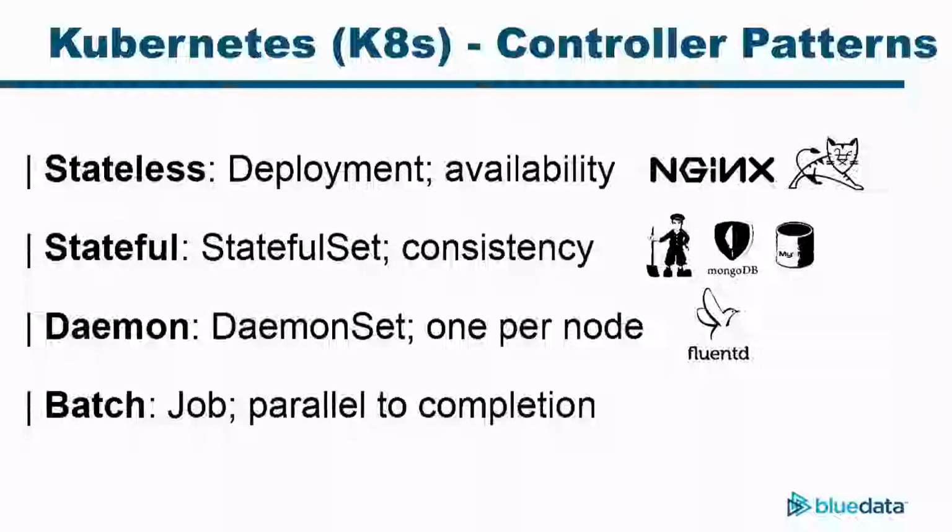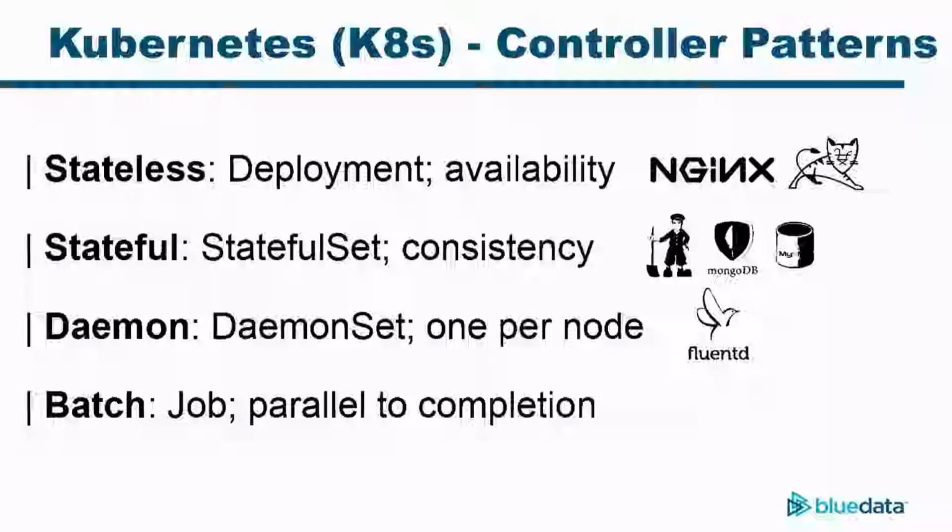It's focused on consistency, and the stateful set controller pattern ensures that for any kind of service that has some ordering requirements, for example, if your pod goes down and comes back up, the storage associated with that pod is the same storage that you had before it was destroyed. Otherwise, your application is going to be rendered useless.